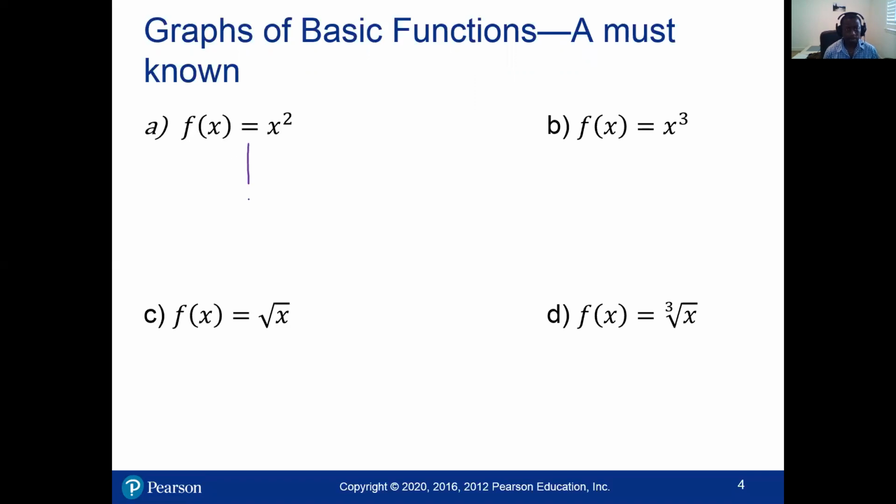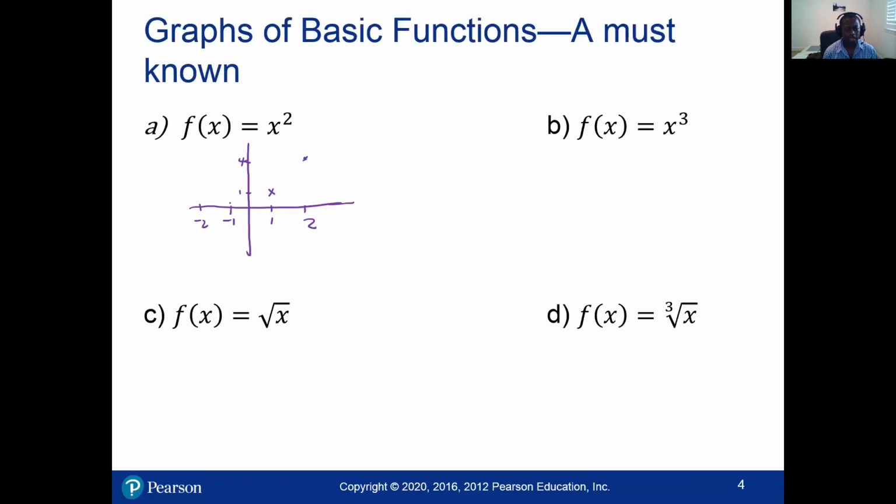So the basic function for that, let's pick some points here, say 1 and 2, and this is 4, this is 1, and then we have -1 and then -2. If x is 1, y is 1. If x is 2, 2 squared is 4, so it's going to be here.